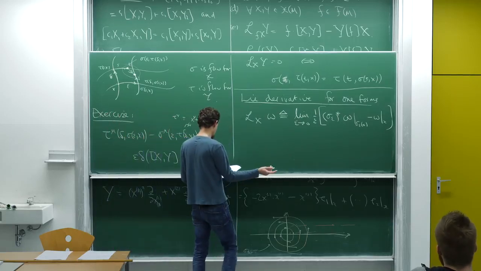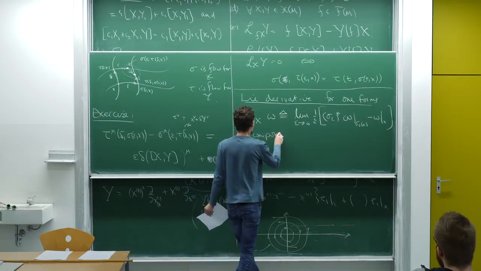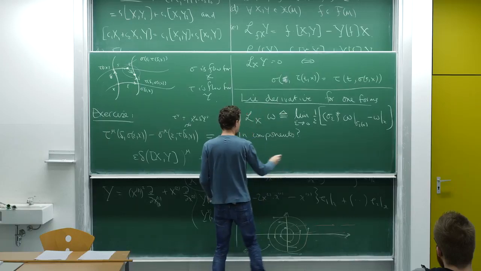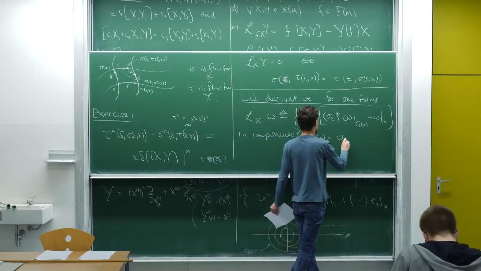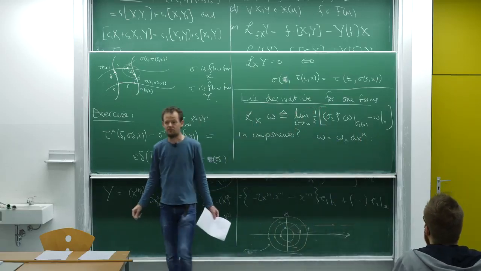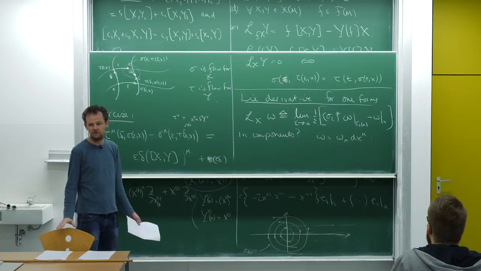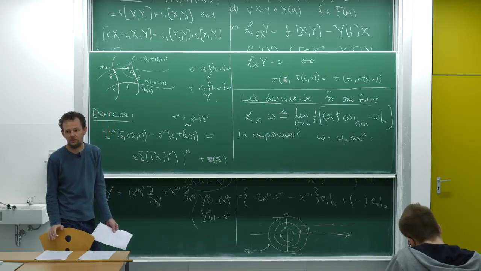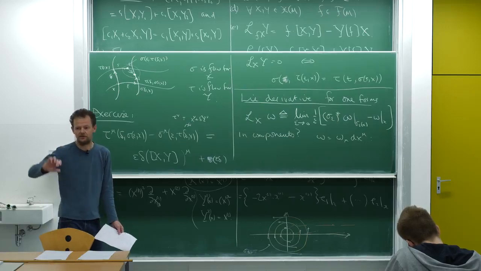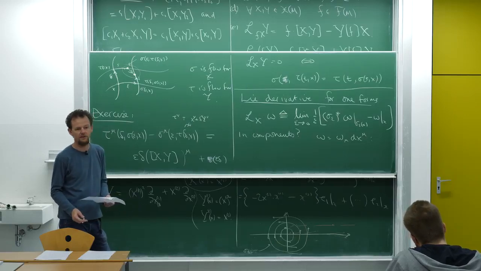Now, what does this mean in components? Well, if we write omega in components now, we can get a component expression for this Lie derivative of this one form. It's exactly the same argument as what I used to get the component form for the Lie derivative of a vector field. It's just that wherever you have Jacobians, you have to put inverse Jacobian matrices, because forms transform differently to vectors.